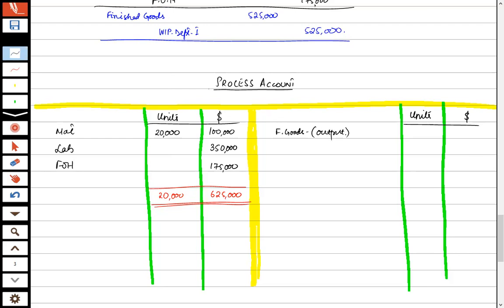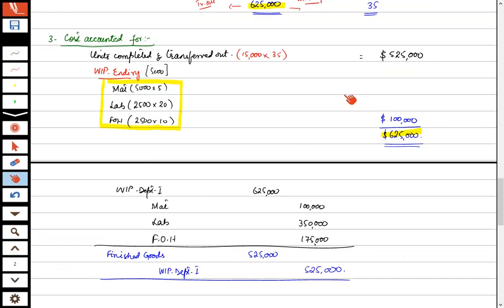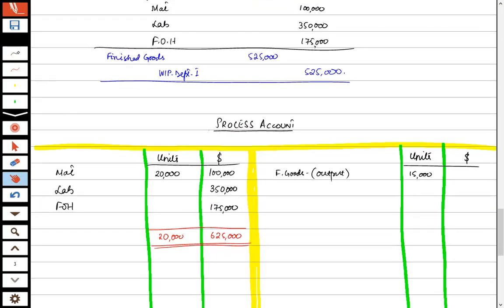Now, how many units were transferred to the finished goods? They were 15,000. And what was their cost? We calculated the cost of 525,000 for the finished goods. So we will write cost of 525,000.